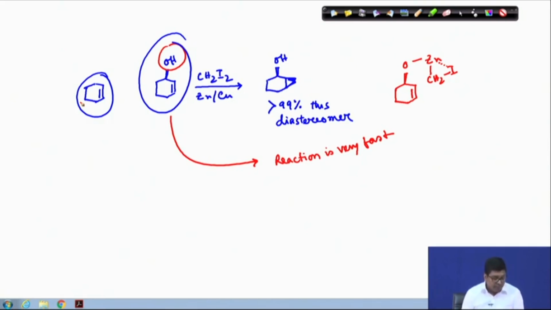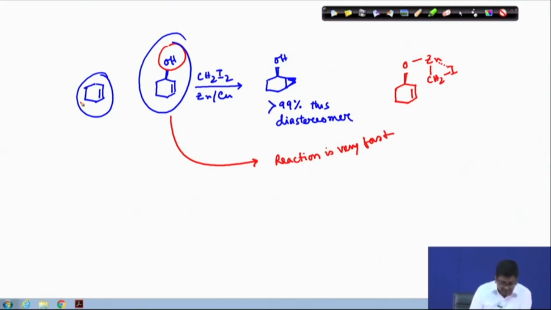This shows that when the active iodomethyl zinc iodide is forming, menthol reacts with it and generates the chirality, so that it can finally give the optically active cyclopropane ring. So, this is another example where, even though we are using an achiral alkene, we can finally get an optically active product.